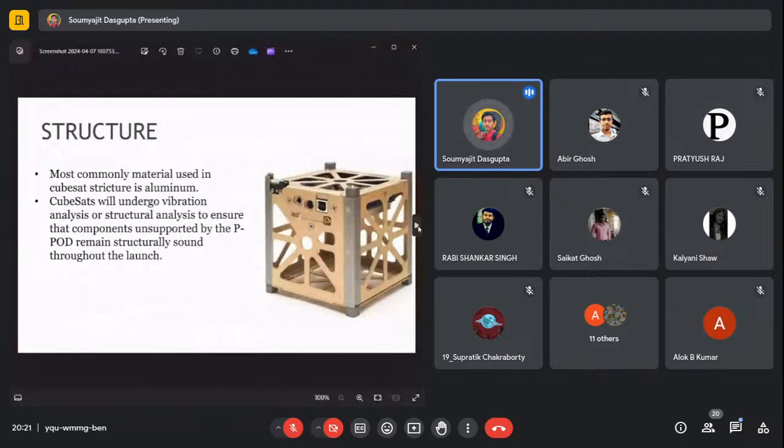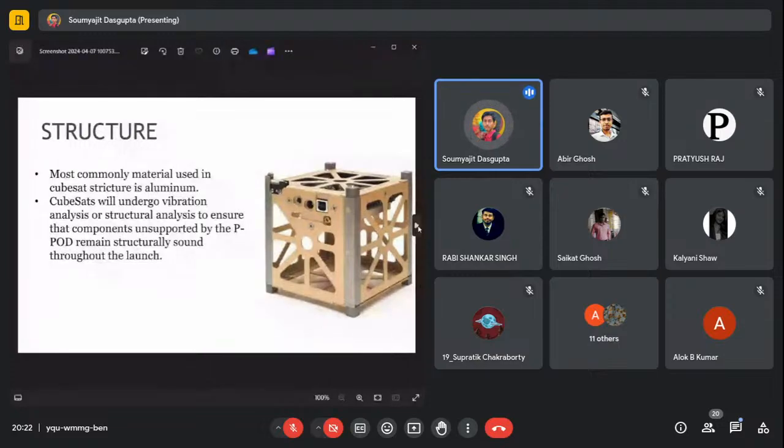So before you send the CubeSat up into space, your CubeSat should undergo a vibration analysis or structural analysis to ensure that the components inside the CubeSat are supported by the P-pod. Yeah. So what is the P-pod? The P-pod is the inner platform of the CubeSat where the sensors or CubeSats are held.